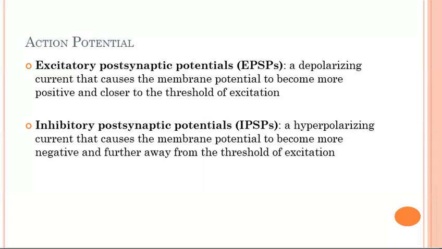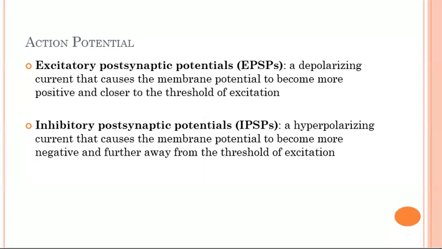Similarly, if two IPSPs come into the cell at the same time, they'll sum and become a larger hyperpolarization of the membrane potential. However, if two inputs were opposing one another, moving the potential in the opposite direction, such as EPSPs and IPSPs, their sum would cancel each other out.